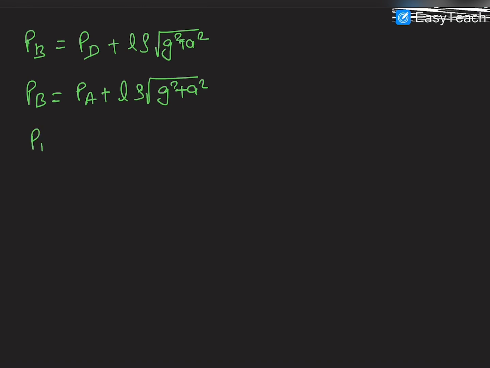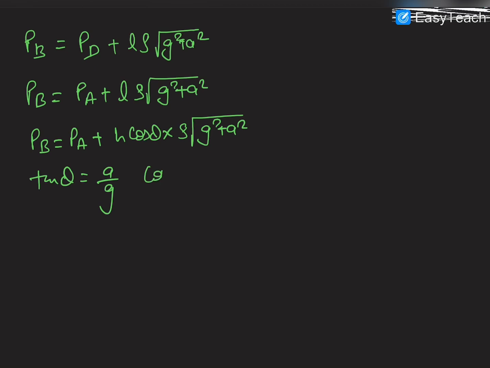So PB will be equal to PA plus h cos theta into rho under root of g square plus a square. Now we know that tan theta is a by g, which we have already derived. So cos theta will be equal to g under root of a square plus g square.